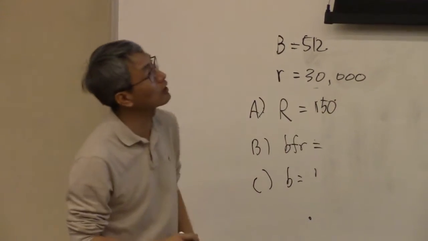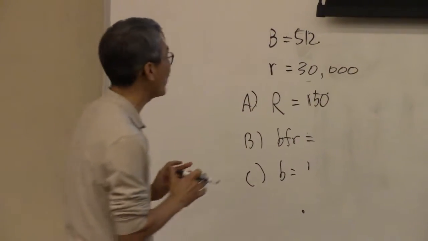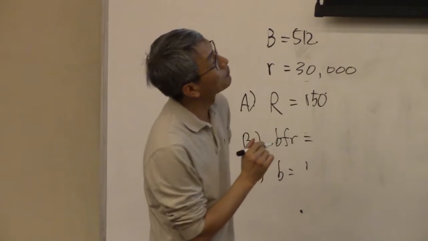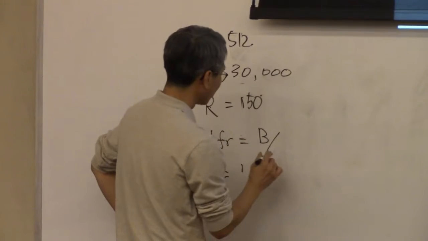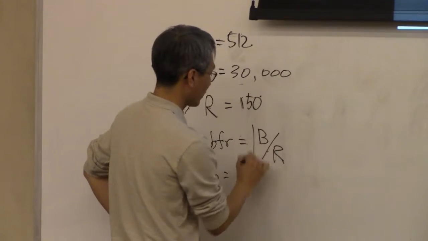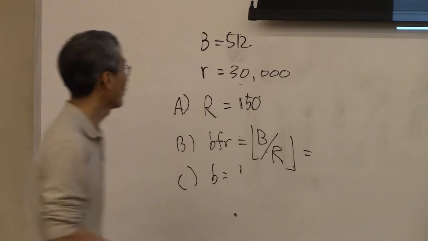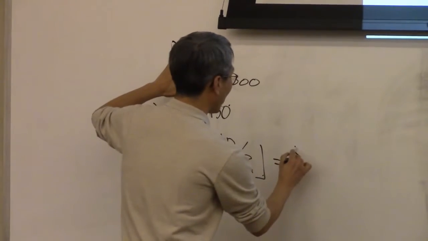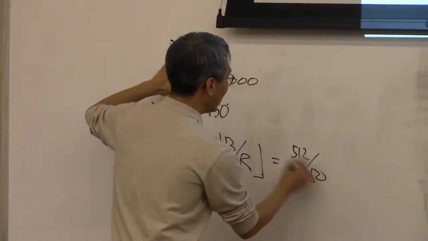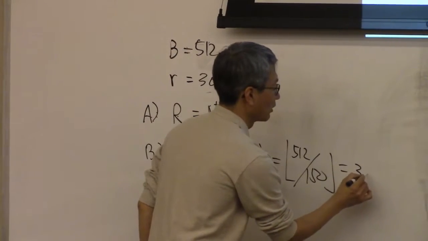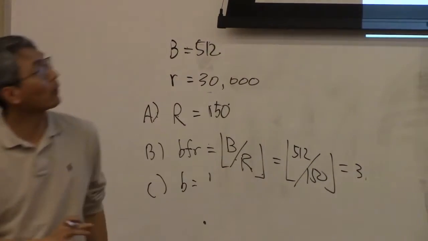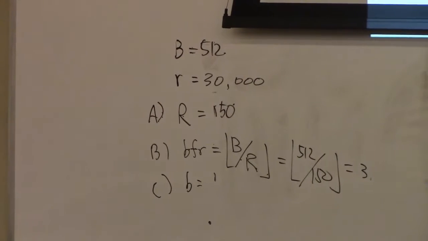But here, let's assume that this is unspanned. So the blocking factor is the floor of 512 divided by 150, which is 3, because it's a float.